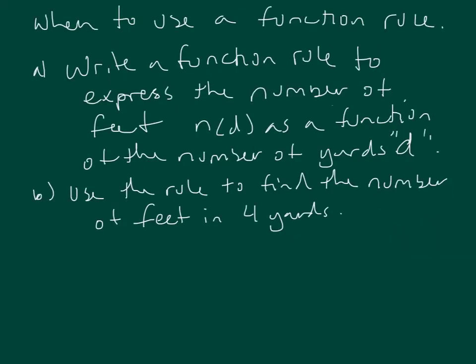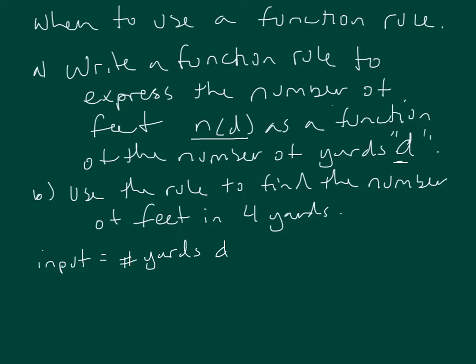I'm going to use a function rule to help me write a rule to fit a certain situation. Here I have: write a function rule to express the number of feet, n of d, as a function of the number of yards, d. So my input is going to be the number of yards, and I'm going to use the variable d to represent that.